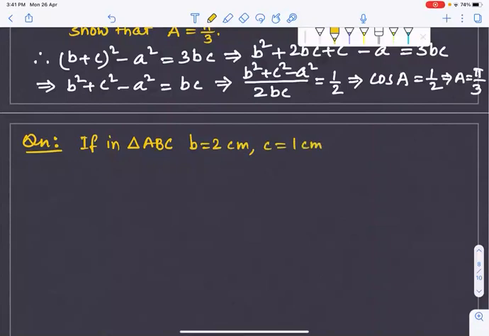These are the two sides given for triangle ABC, and it is also given that angle A is 60 degree.